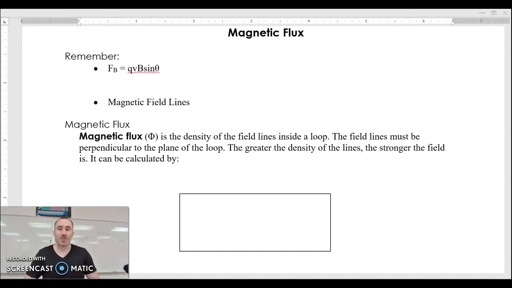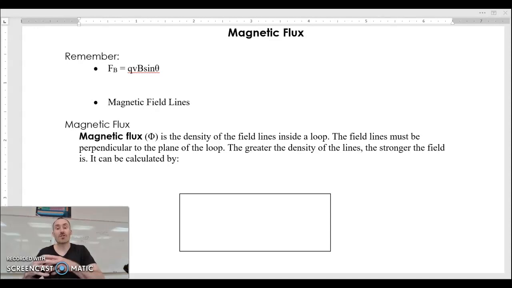So before we get into what magnetic flux is, I want to remind you about a couple things. The first thing is from magnetic fields, well, both of these things are from magnetic fields, is our formula for magnetic force. Remember, it's QVB sine theta, but let's ignore the sine theta part first. So this is all about charge, velocity, and field strength.